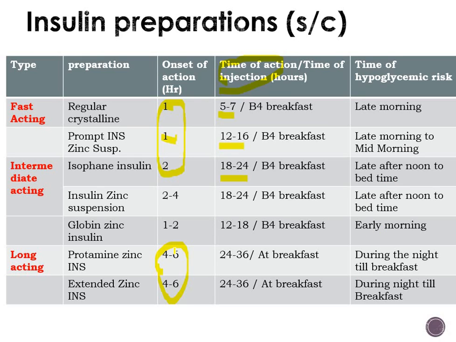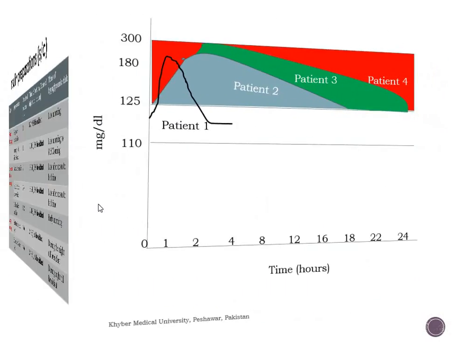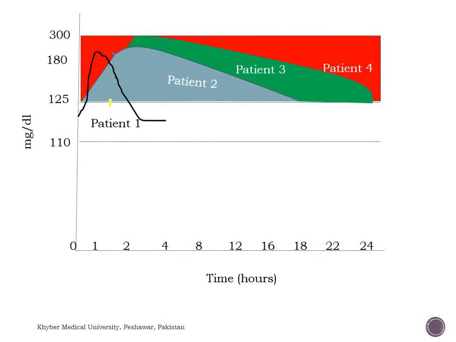Now let me proceed to the clinical situation. You may have 3 different types of patient. This is patient 1. The blood glucose level is plotted on the y-axis, and time is on the x-axis.